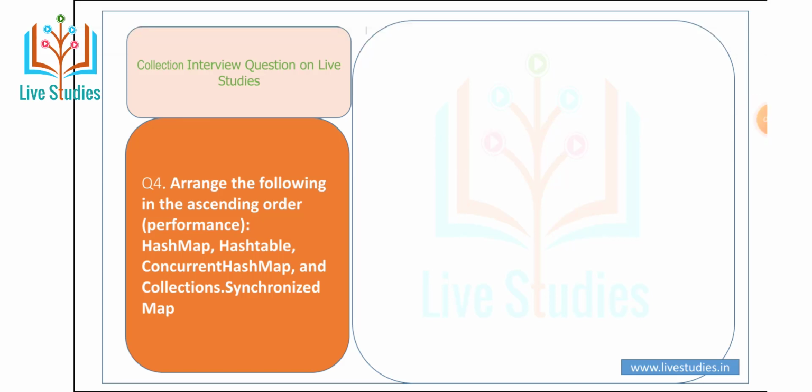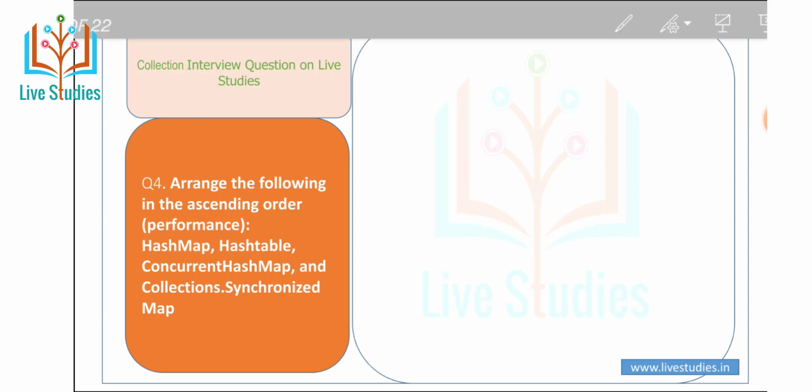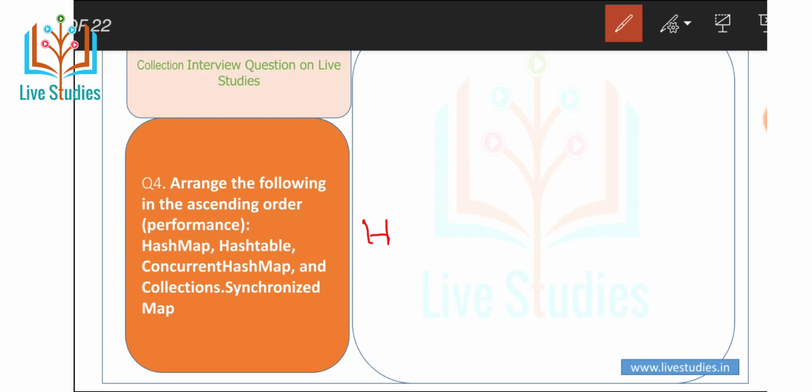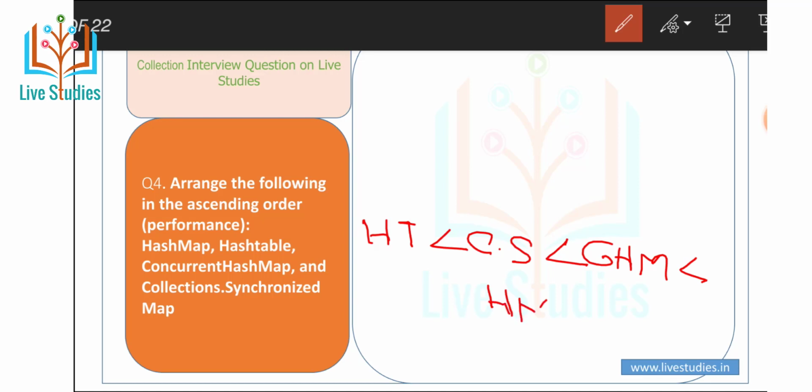The ascending order means first is Hashtable, less than Collections.synchronizedMap, less than ConcurrentHashMap, less than HashMap.